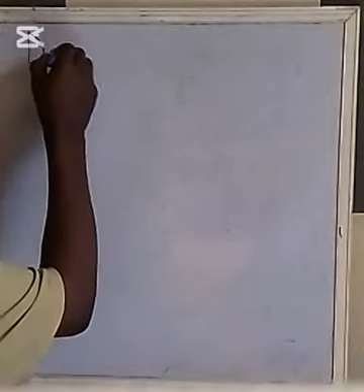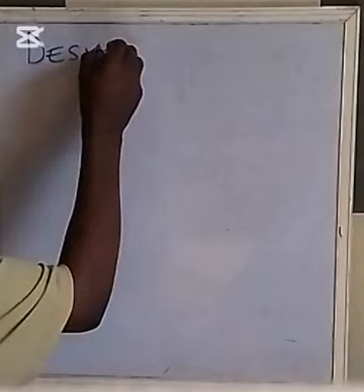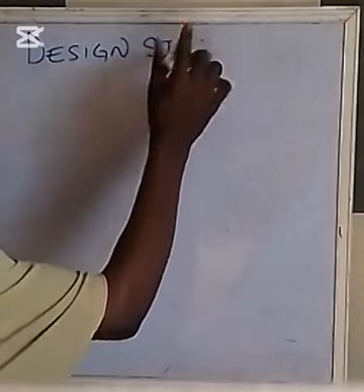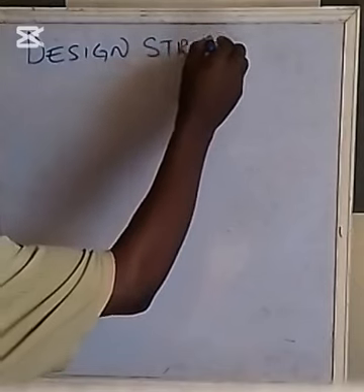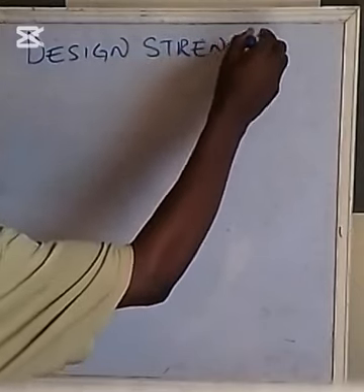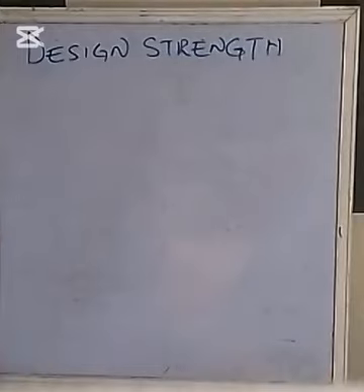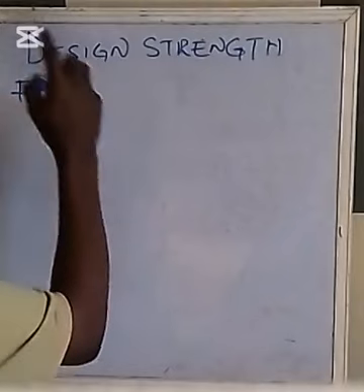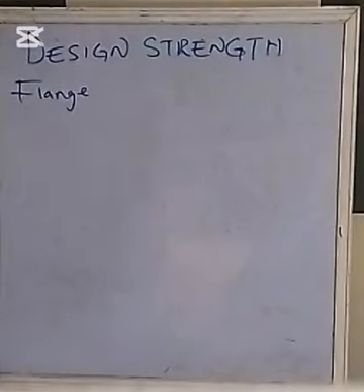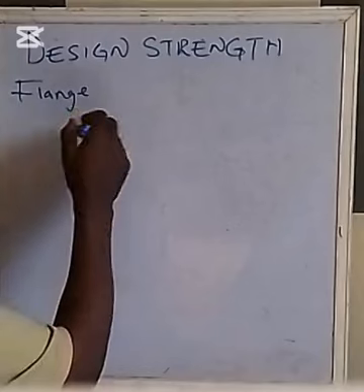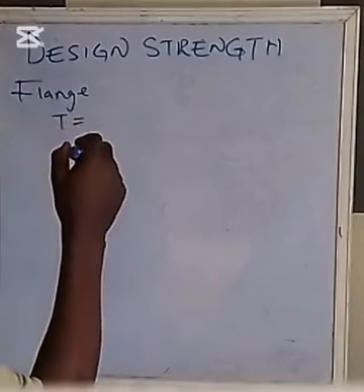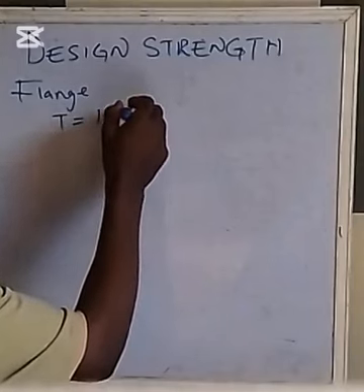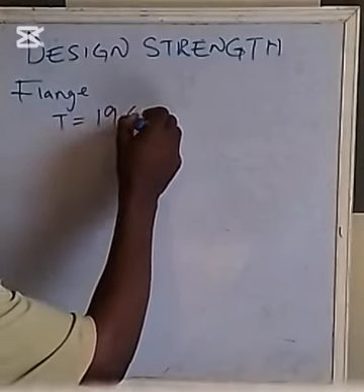Design strength. For the flange, from the section property we listed earlier, the thickness of the flange T is 19.6 mm.